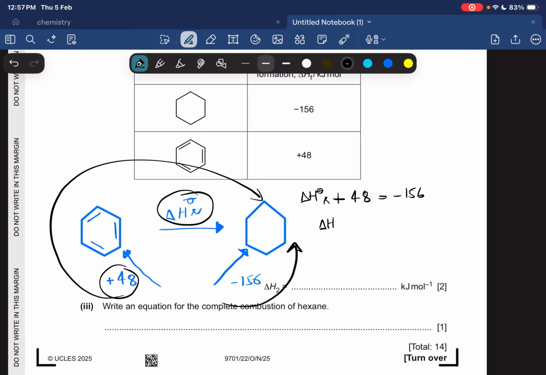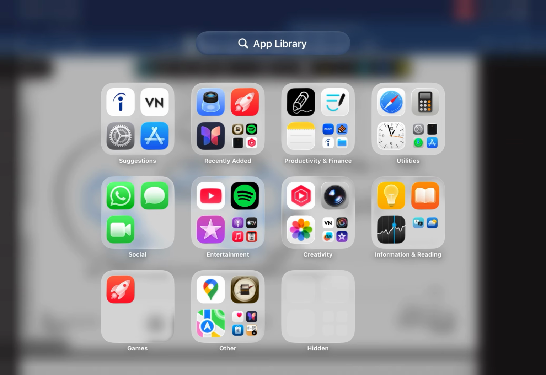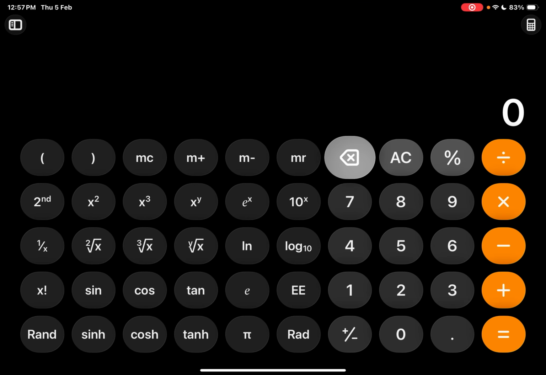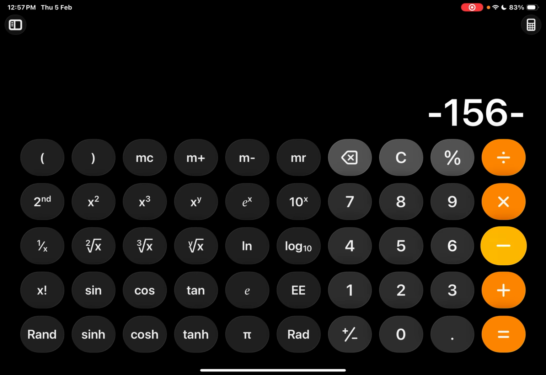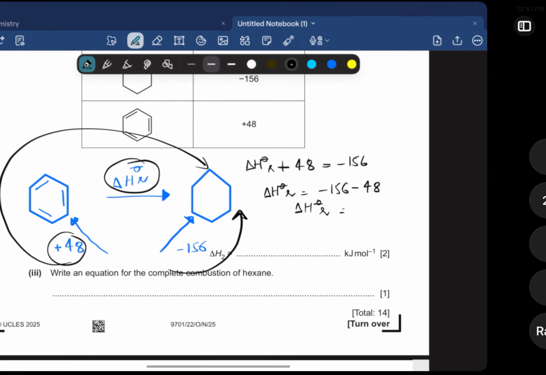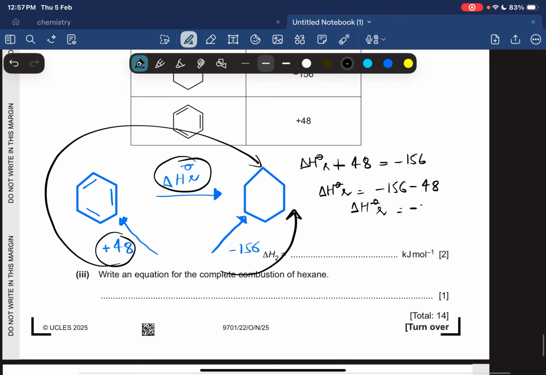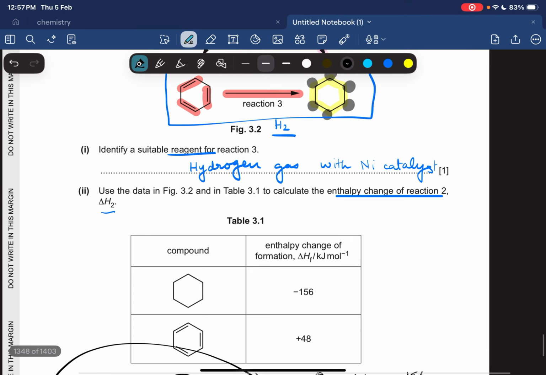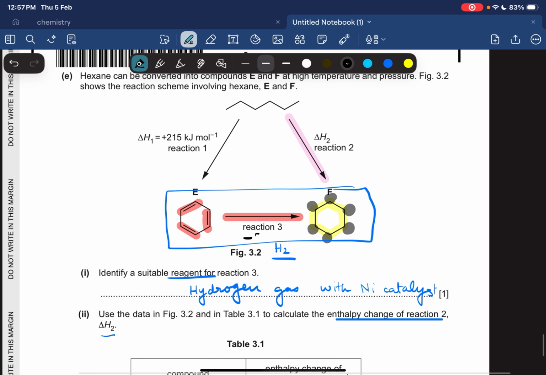So delta H naught R equals negative 156 minus 48. Negative 156 minus 48 gives me 204, so it's a negative 204. I know for this reaction it's now negative 204.